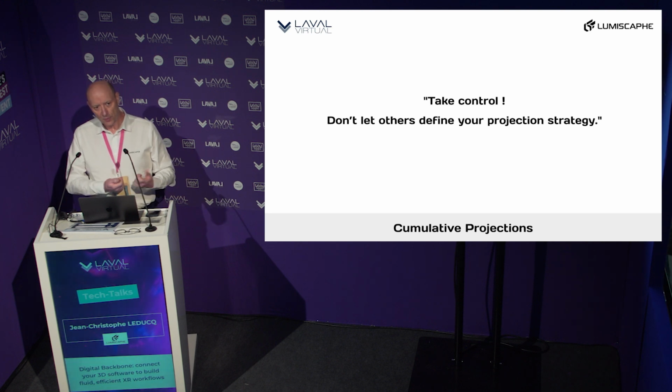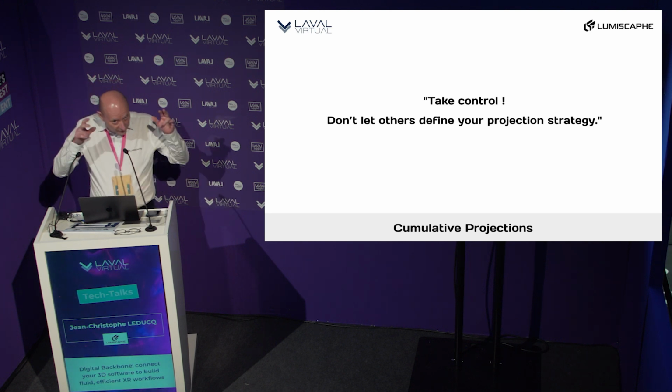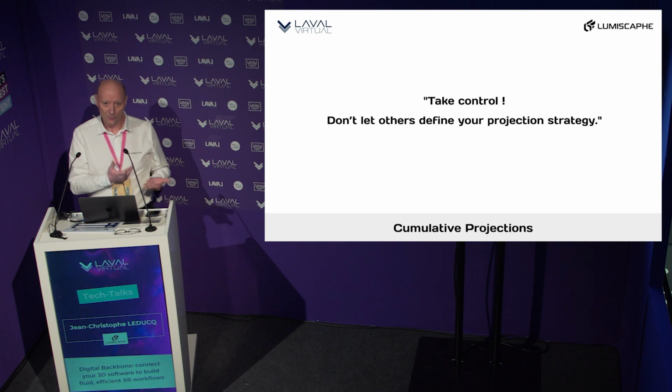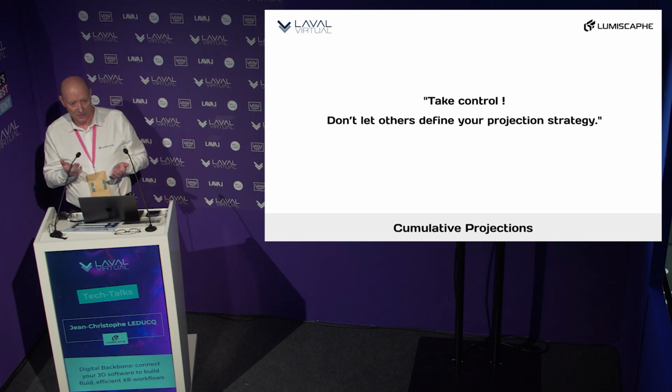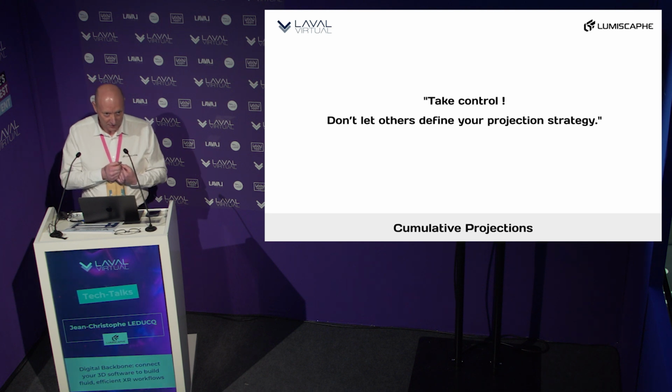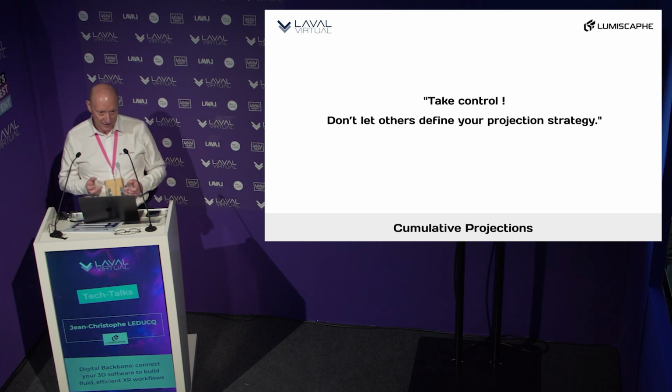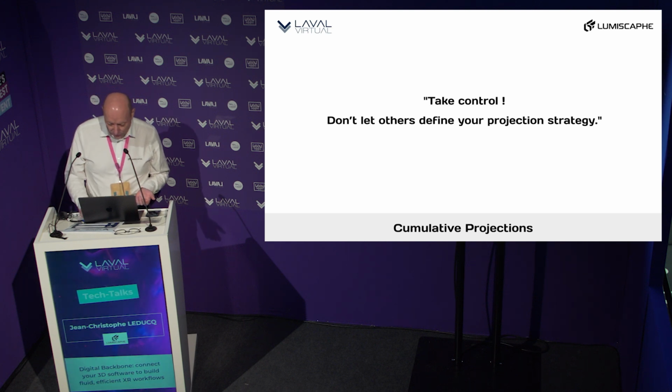When you are using the USD importer in Blender, that's some developer in the community that developed that importer with their own way to see the projection. Perhaps it will fit your needs or not, but you have to take care of that. So my motto here is: don't let others define your projection strategy, because this is your data transformation and this is crucial for you. This is strategic in 3D workflows.